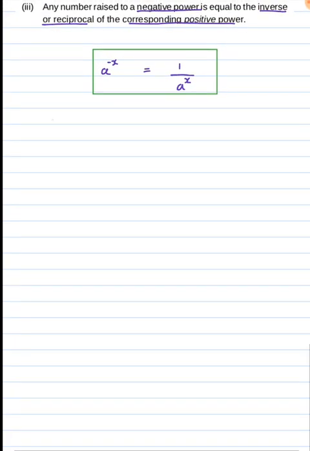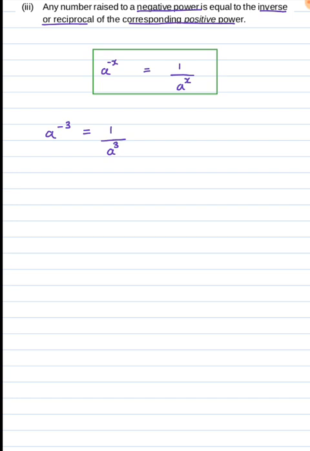For example, we have a to the power minus 3. It is going to be equal to 1 all over a to the power of 3, where there is no negative, so it becomes a to the power of 3. That's what the statement means.